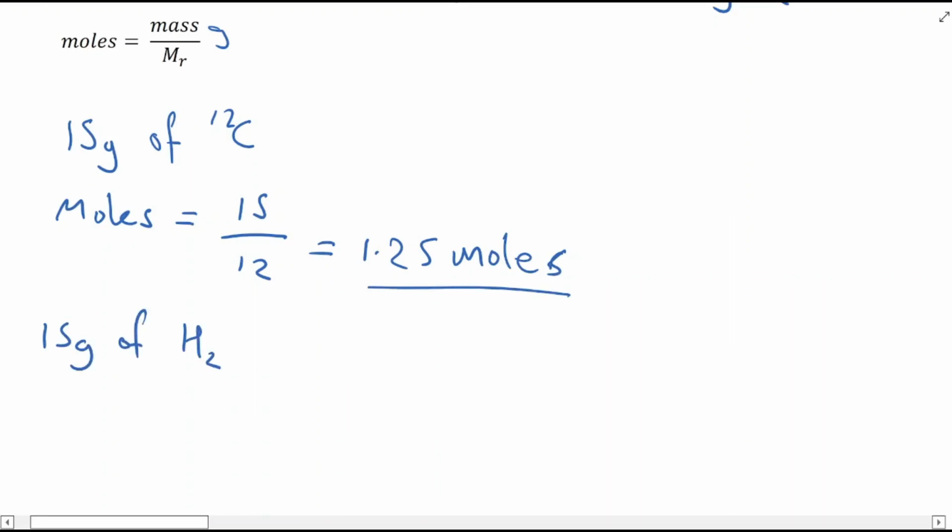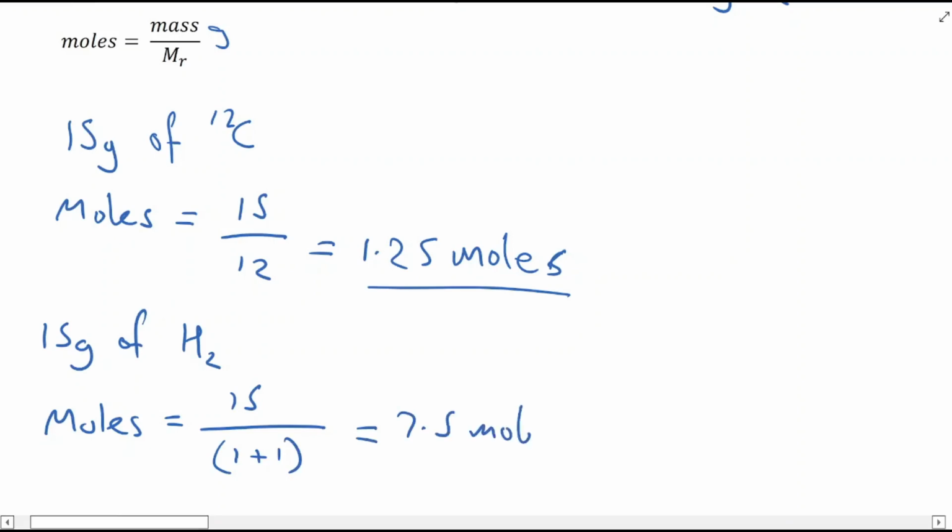What about if I had 15 grams of hydrogen? How many moles would I have then? Well, my moles are going to be equal to my 15 grams divided by the relative molecular mass of hydrogen, which in this case is 2. I'm going to have 7.5 moles of H2. So the same mass, because the molecules are very different sizes, and if I was to do it with another molecule, I'd have less than 1 mole.